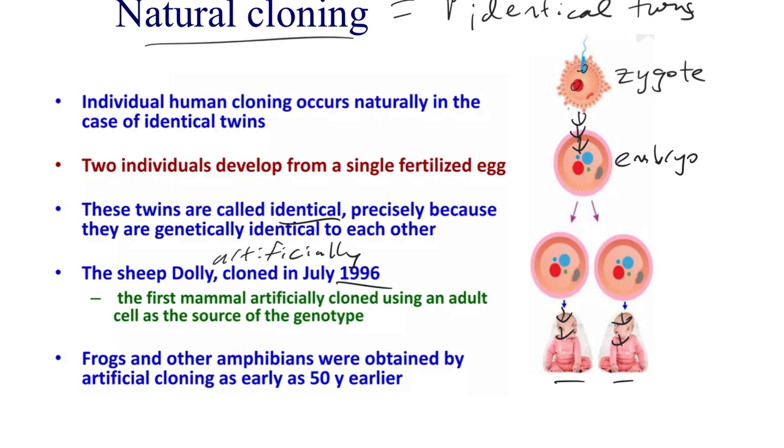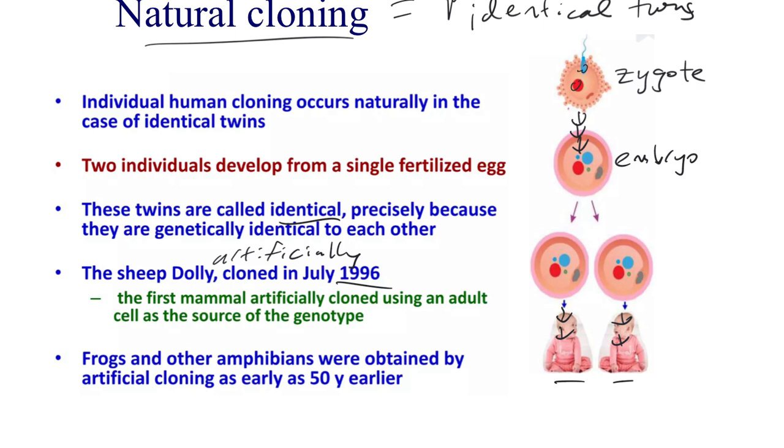You take the nucleus from a skin cell, you put it into an egg cell of another animal, and that egg cell is like a zygote, and you allow it to turn into an embryo.